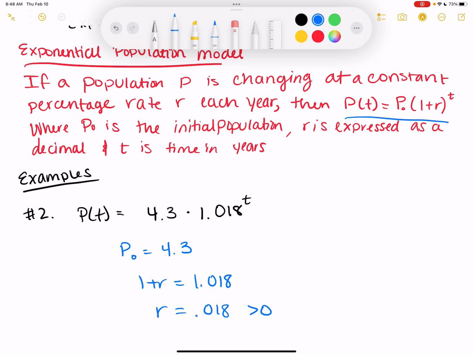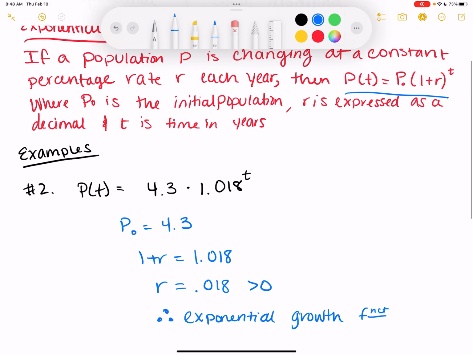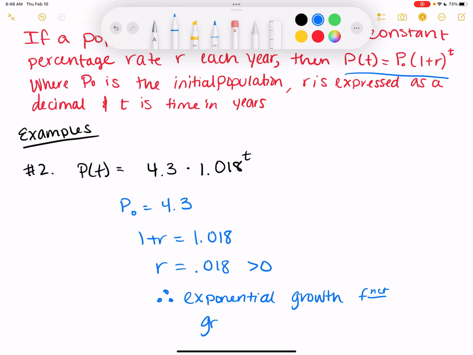This is greater than 0, therefore, that's what the 3 dots that look like a triangle mean, it's an exponential growth function with a growth rate of 1.8%. So you just move the decimal place over to make it a percentage.